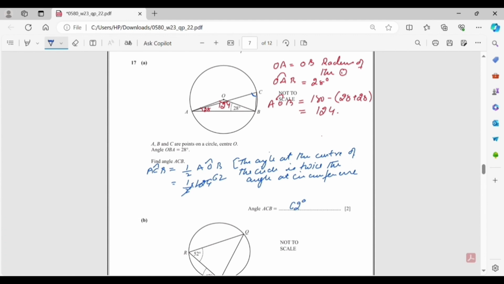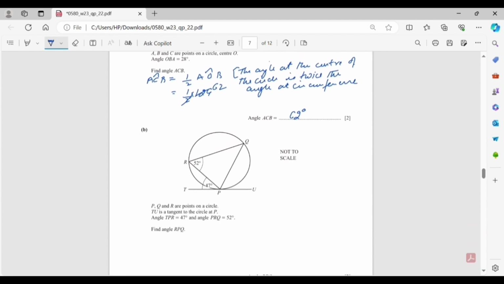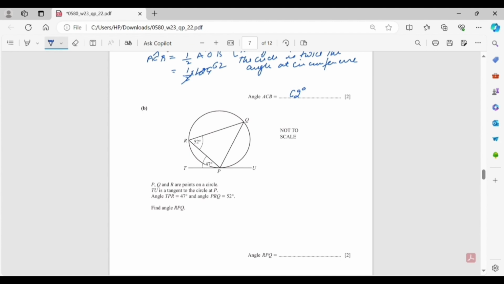Next question, B part. P, Q, R are points on a circle. TU is tangent to the circle at P. This is given, so we have to find the angle RPQ. We have to find this angle.